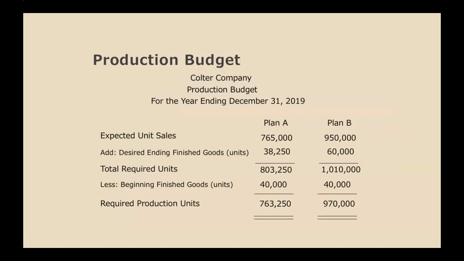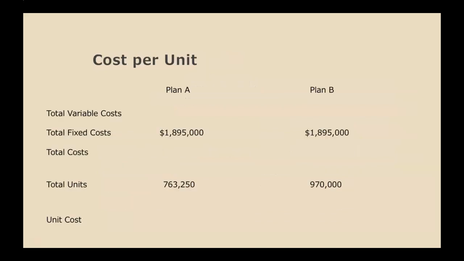Right? So if we think back to the sales budget that we did, Plan B was going to have a higher sales amount. But Plan B is also going to have more production costs because we have more units that we need to produce. So now we need to figure out our cost per unit.